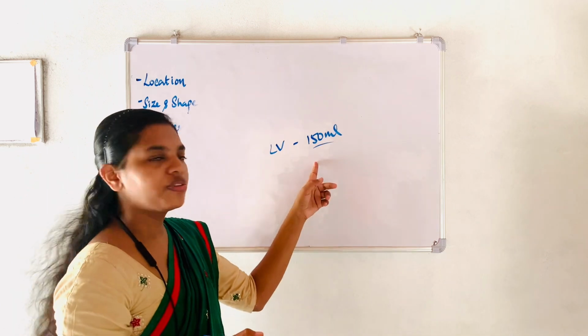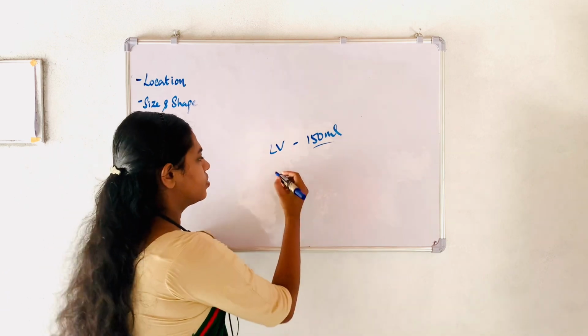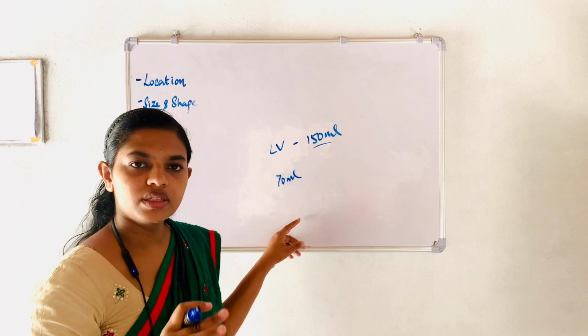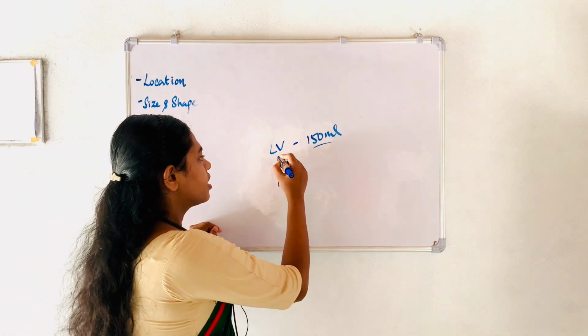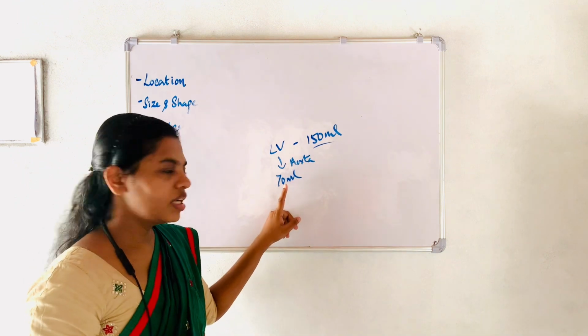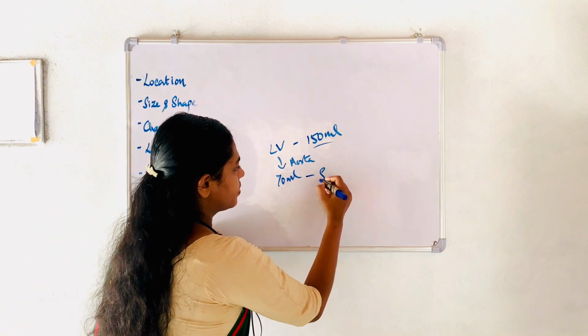But from the 150 ml, only around half of the blood is going out. Okay, with each contraction, around 70 ml of blood is ejected into the aorta. So from the LV, it ejects blood to the aorta. That is known as stroke volume.